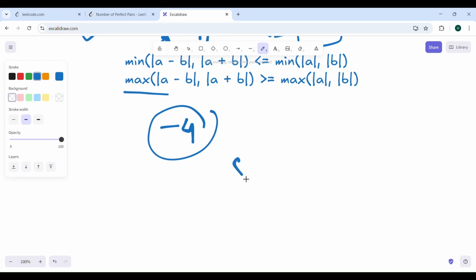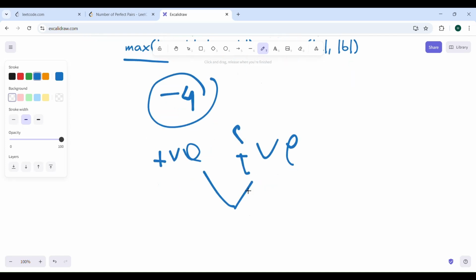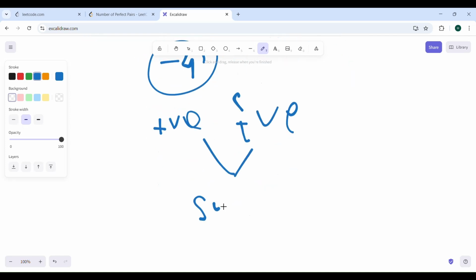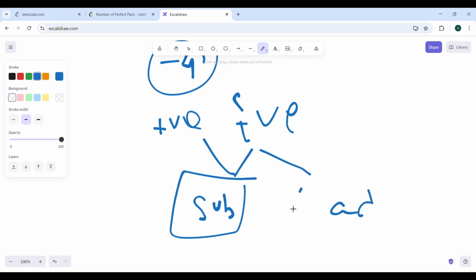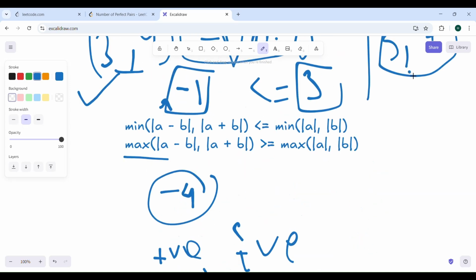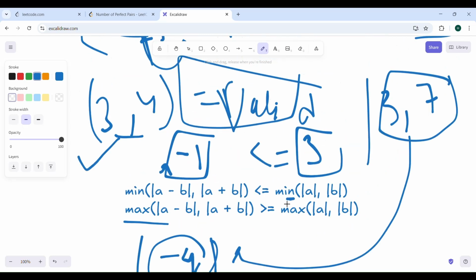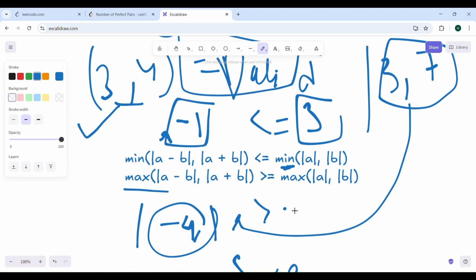By adding them you will get a bigger number. So to get a minimum you subtract them, and you get minus 4. And the absolute value of that will definitely be greater than the minimum of these two.